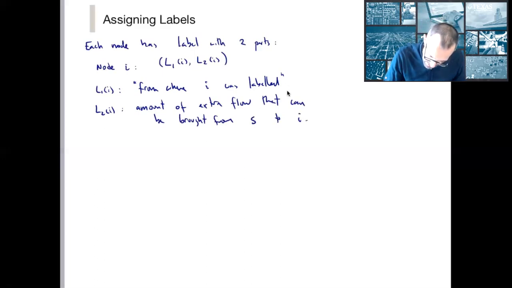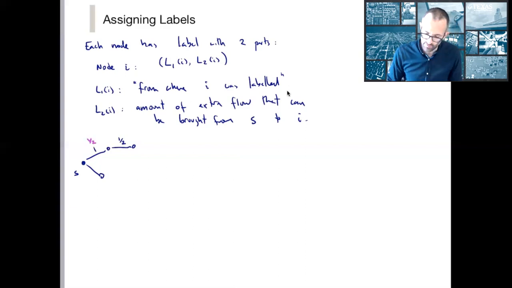Just a simple example. Here's S. So suppose that this capacity is 1, and this capacity is 1/2. And in F, my solution F had assigned a half a unit of flow here and 1/2 unit of flow there in the forward direction.